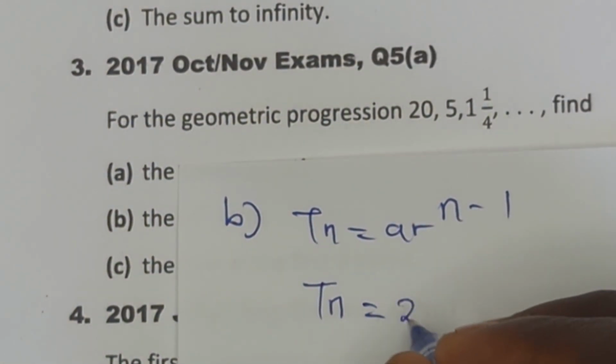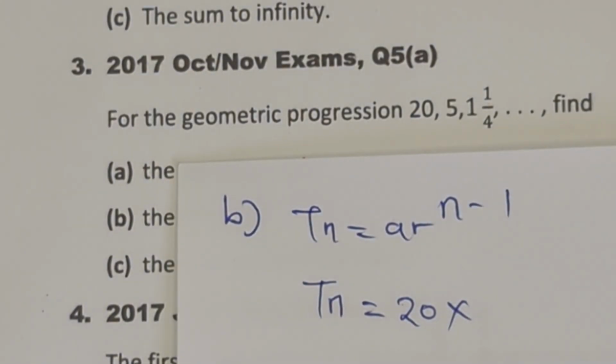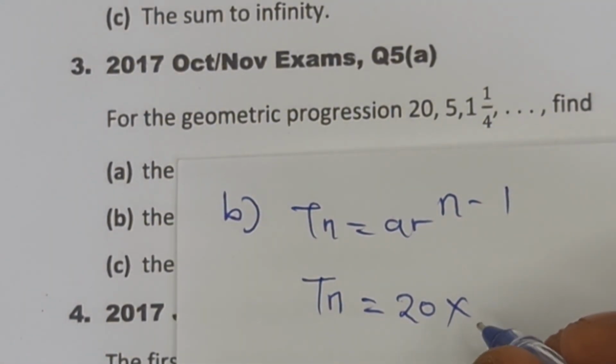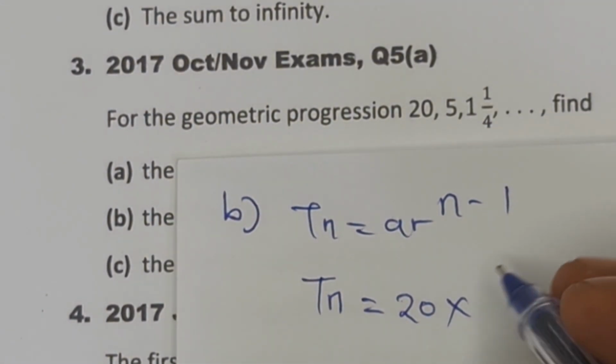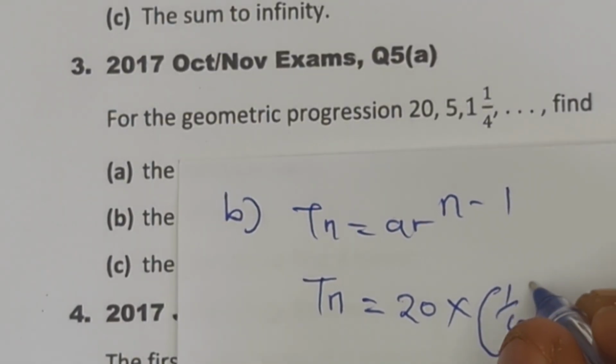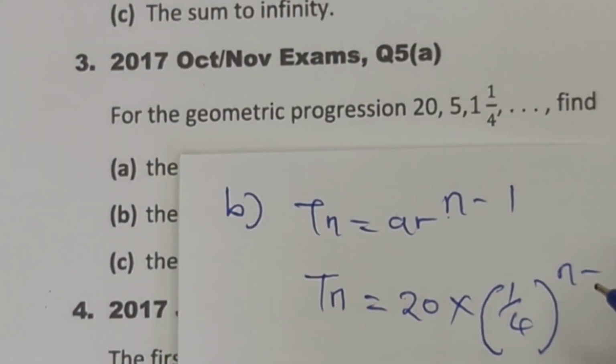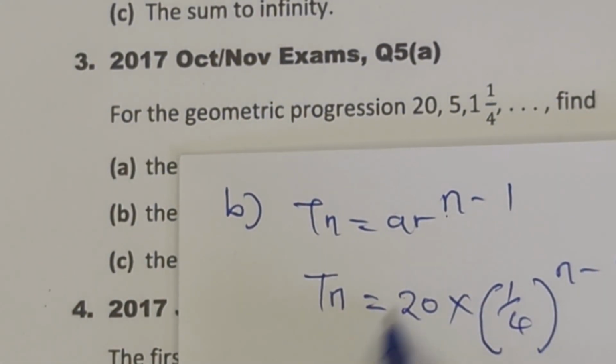So this is going to be 20 multiplied by the common ratio, 1/4 or 0.25. If we use 1/4, we have to put it in brackets: 1/4 to the power n minus 1. So this one we can leave it here.